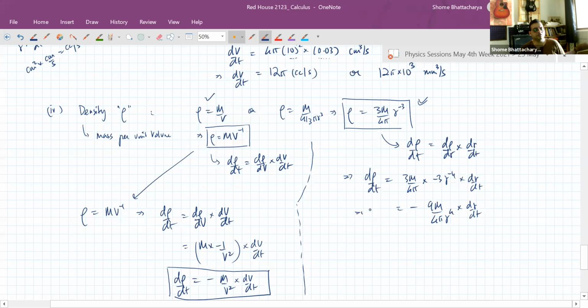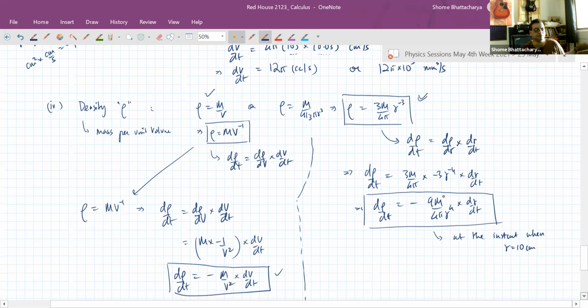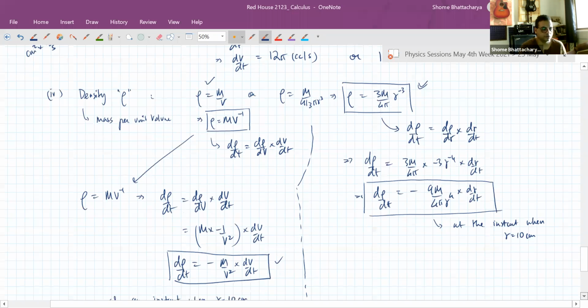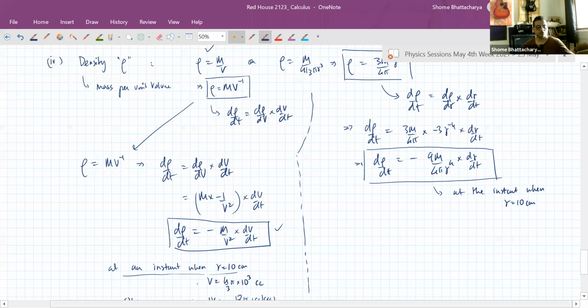So this is the formula that I'll get for the rate of change of density with respect to time. Now you can actually show that this formula is equivalent to the formula here, but we'll do that by substitution. So now we want to find it at the instant when r is equal to 10 centimeters. When we substitute r equal to 10 centimeters and dr by dt in centimeters per second, you should get the same numerical value as we got before. And also m as 5 kgs, of course.